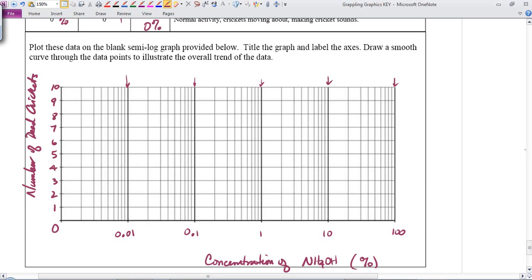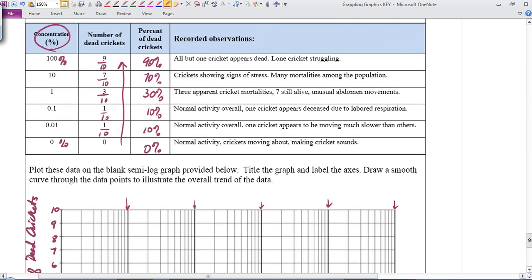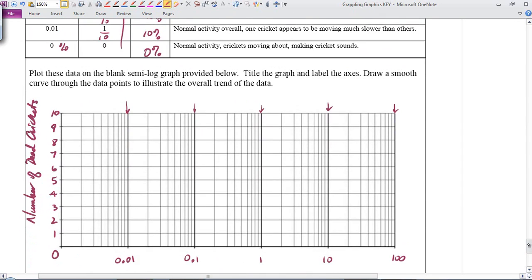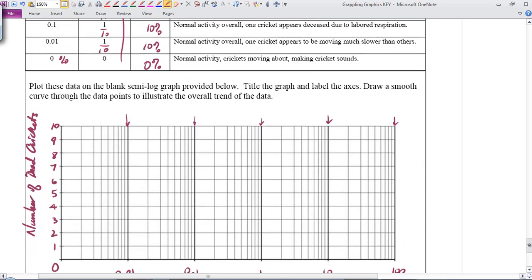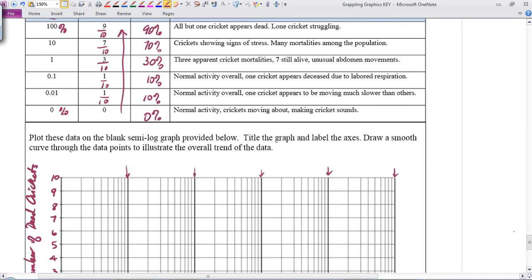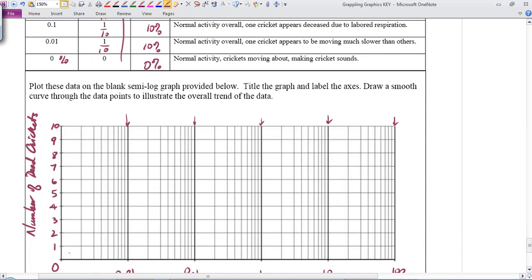And now we need to plot the data. Okay, so at 0.01%, I had 1 dead cricket. Starting out 0, 0. So at 0.01, we had 1 dead cricket right there.